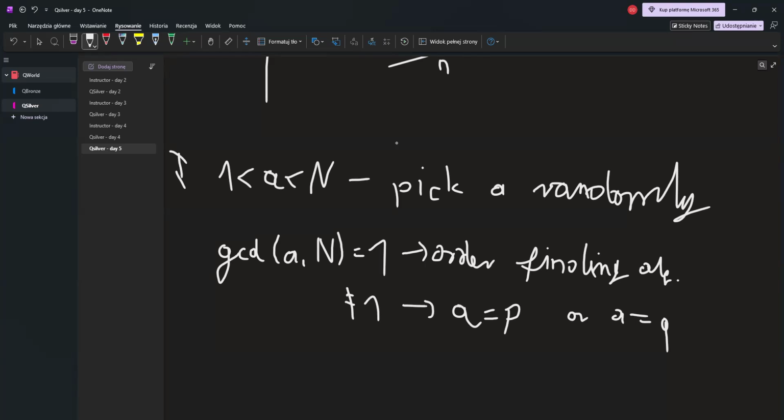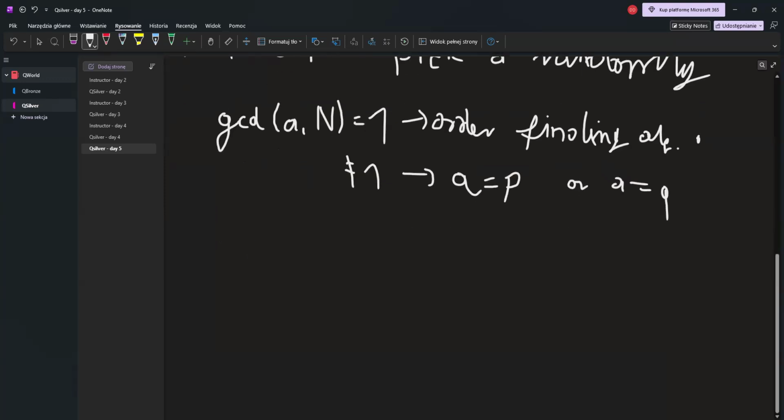But for real world applications, we need to be really, really lucky, and it's more of an impossible task to guess. And the situation where we have this greatest common divisor greater than 1 is rare. Usually we will have the other situation here.